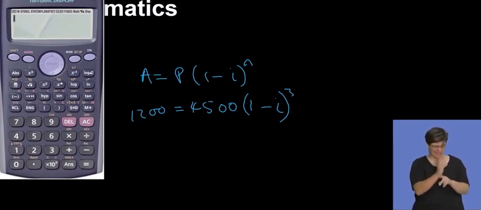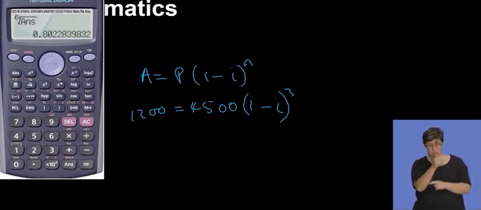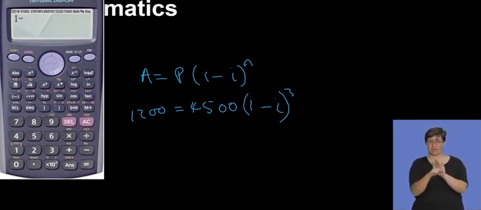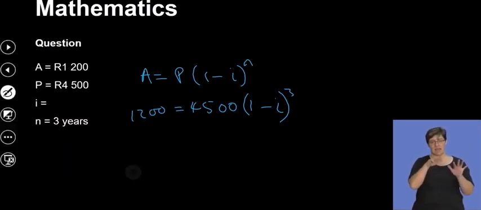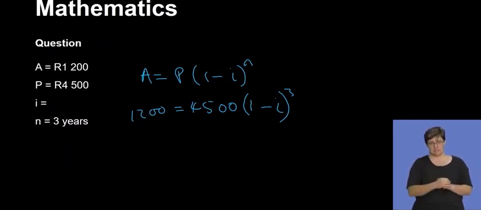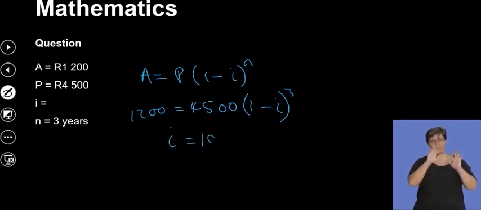So let's just do that quickly again. 1,200 divided by 4,500 is equal to that. I will need to take the cube root of this, so I had made that mistake there. Please pay attention to those things. And then I would need to say 1 minus my answer, and that will give me that. You multiply this by 100, it means that's 19.77%.